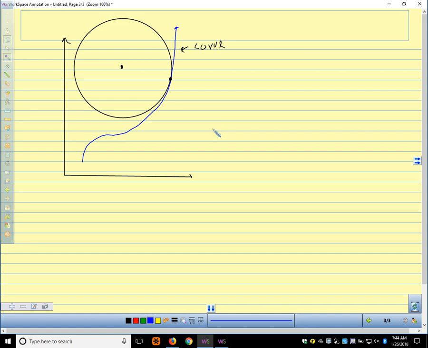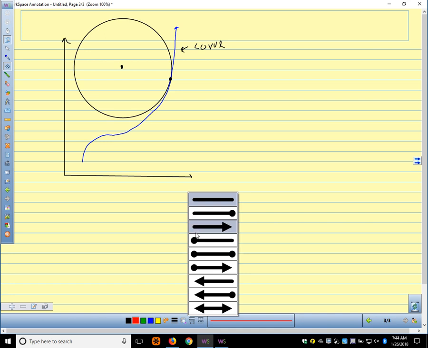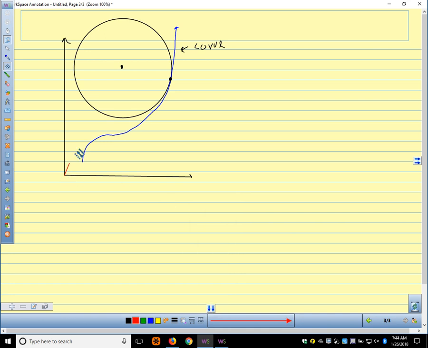So there's my curve. And I'm going to draw a vector to the center of the circle of curvature. So I'm going to call that vector C. So that's a position vector for the center of the circle.